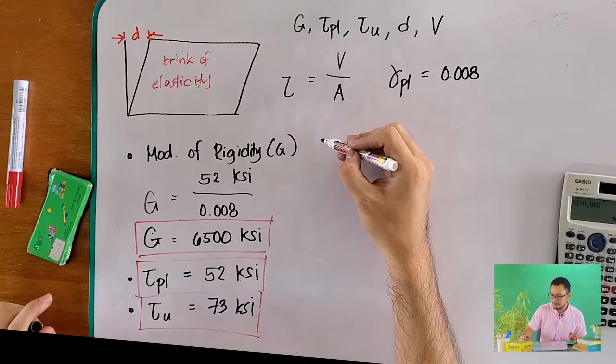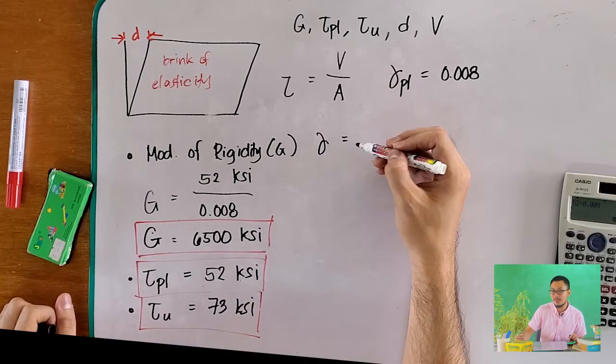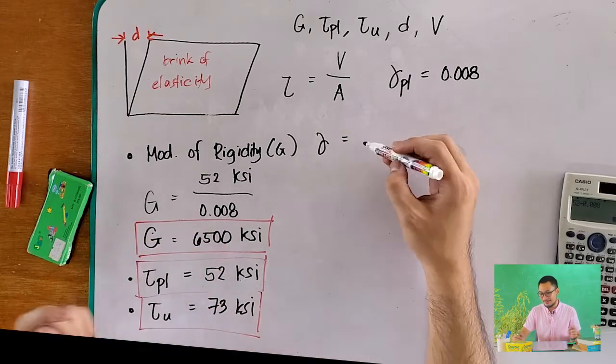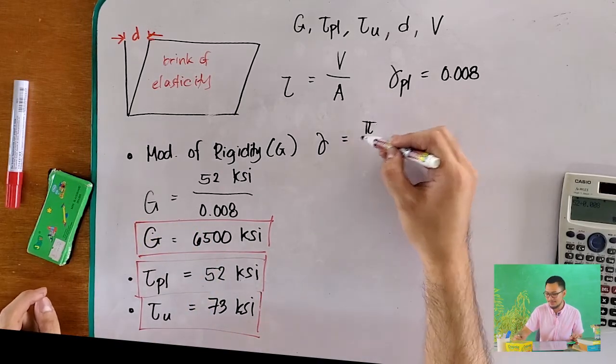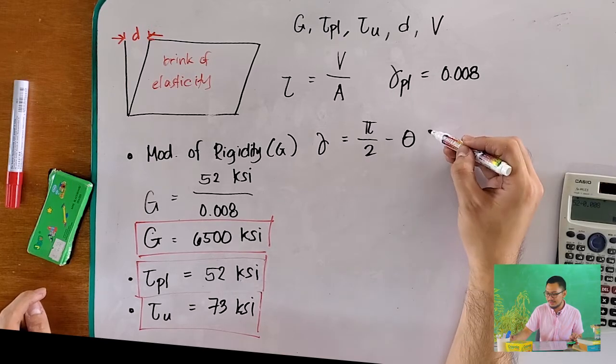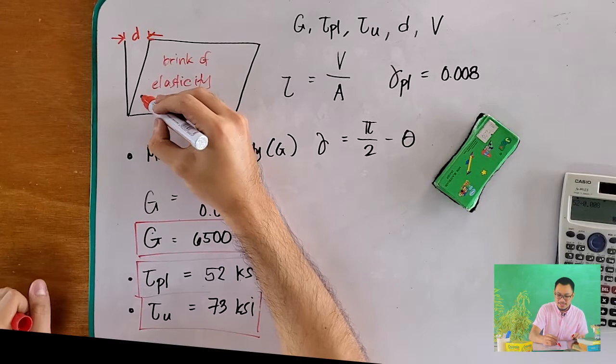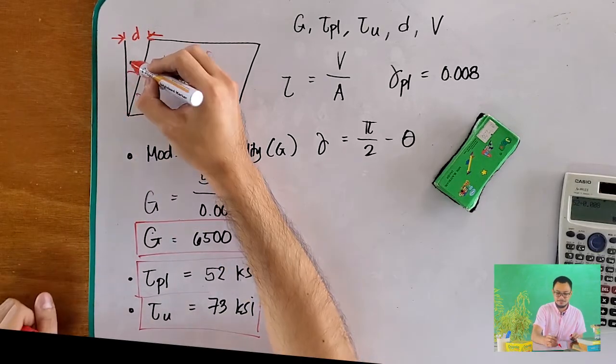Diba? Kaya we knew that, gamma is equal to, diba, nakaibaw ta katong previous na to nga pi over 2 minus theta, and maoning atong theta, and maoning atong gamma, diba?